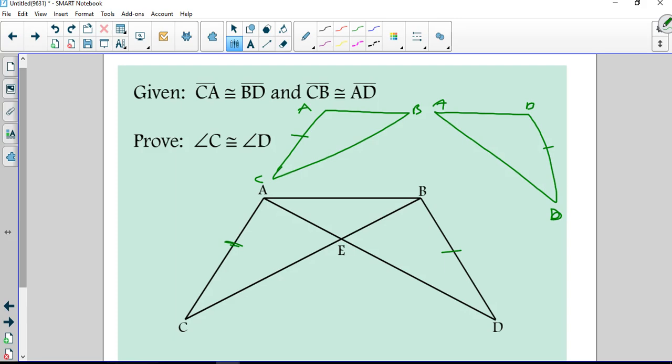And CB and AD. Prove that C and D are equal to each other. And then AB is obviously equal to itself. And so now we'll be able to prove these congruent by side, side, side.